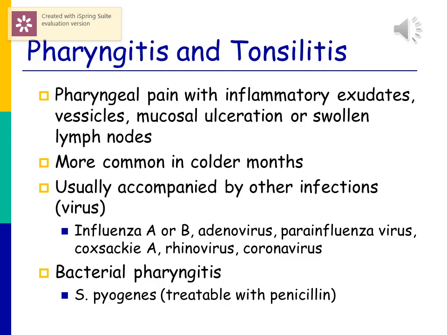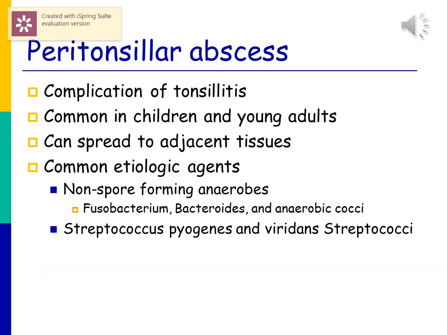So you may have a combination of a viral infection as well as a bacterial infection. For viruses, you have influenza A or B, adenovirus, parainfluenza virus, Coxsackie A, rhinovirus, and coronavirus. For bacteria that cause pharyngitis, the most common organism is Streptococcus pyogenes.